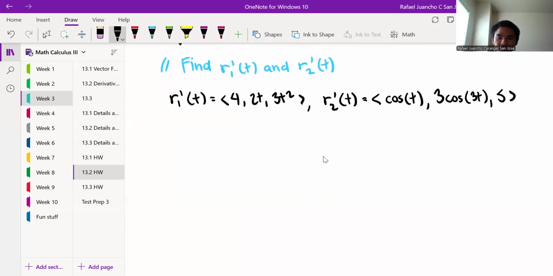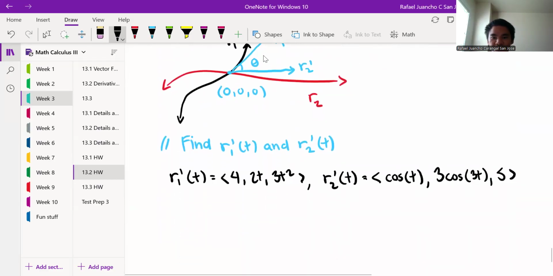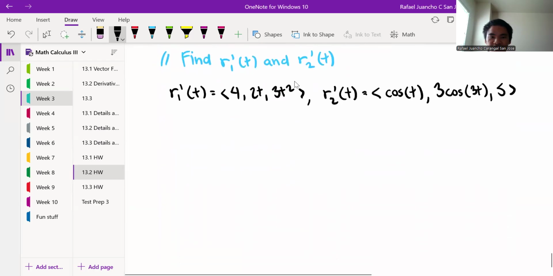And once I do that, now I want to find what exactly these vectors are. So I want to find a t that works for both of them. So I want to find the t value. What does it say?